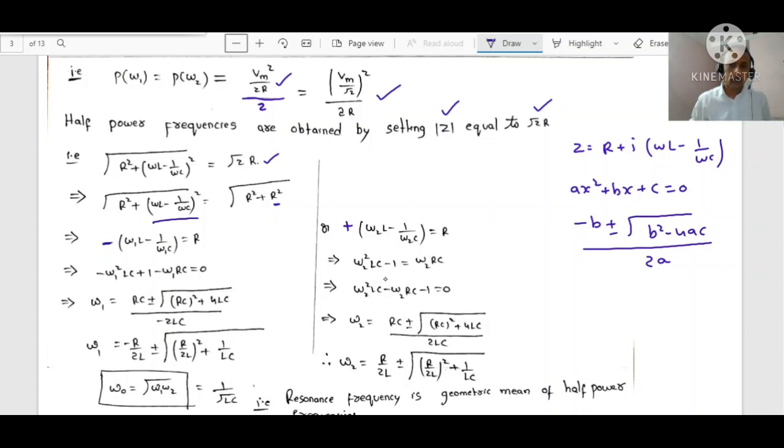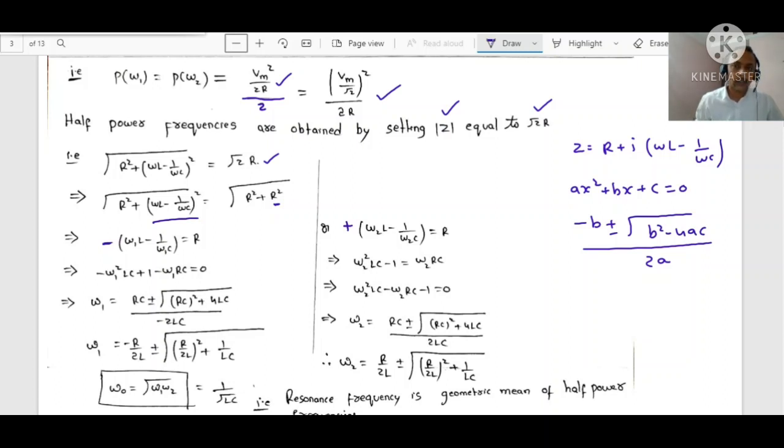That is what we are going to do. We are going to find out omega 1 value and omega 2 value in terms of R, L and C. To find the half power frequencies in terms of R, L and C, we are doing this derivation.